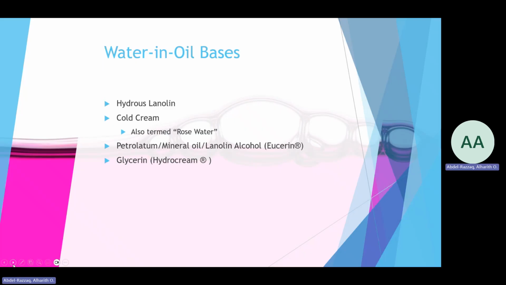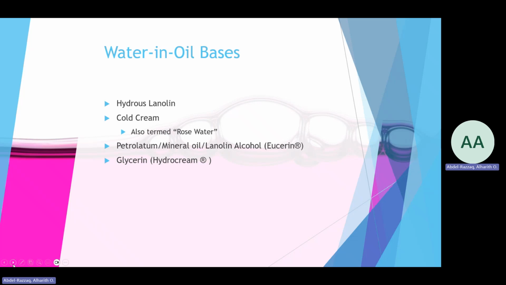Next slide. So the next thing we have is water and oil bases. Some examples are going to be hydrous lanolin, cold cream, which is also termed rose water, our petrolatum, mineral oil, and lanolin alcohol mixture, also known as Eucerin, or glycerin, also known as Hydrocream. These are already going to contain water. They're already an emulsion.